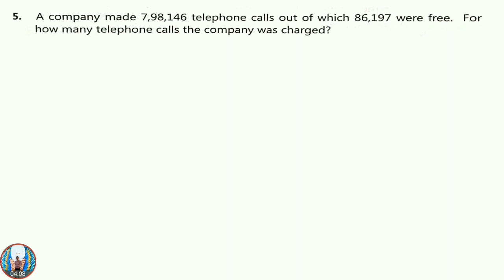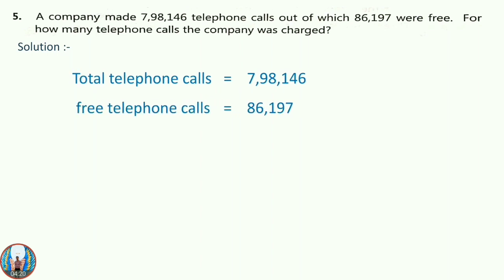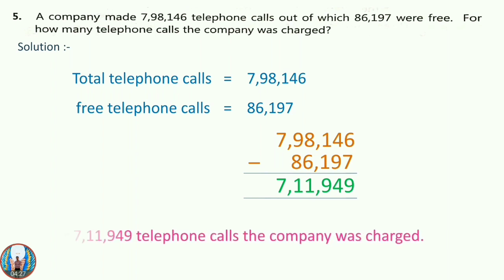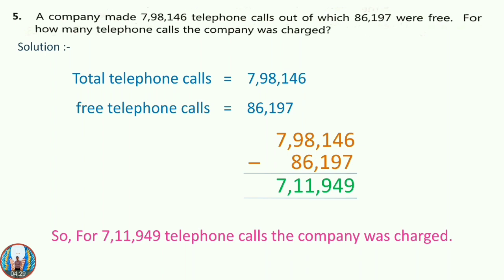So we have to subtract the free calls from the total number of calls to get the charged calls. We write the total telephone calls, then free telephone calls, and then subtract, and the answer is 7,11,949. So for 7,11,949 telephone calls the company was charged.